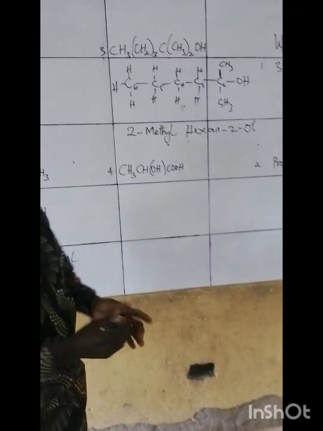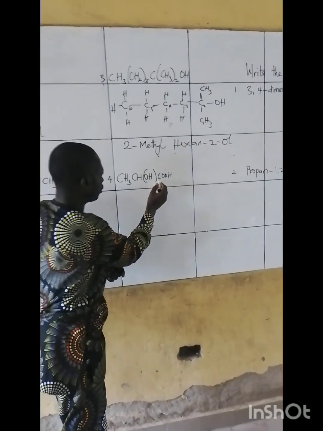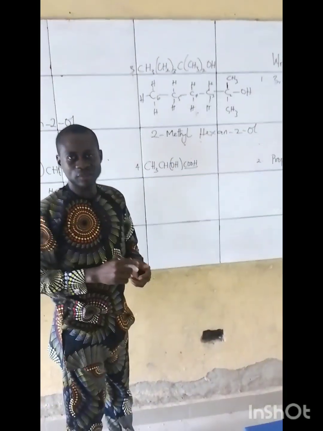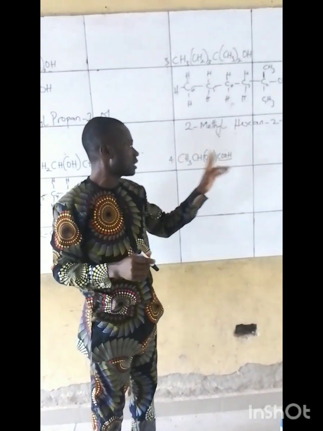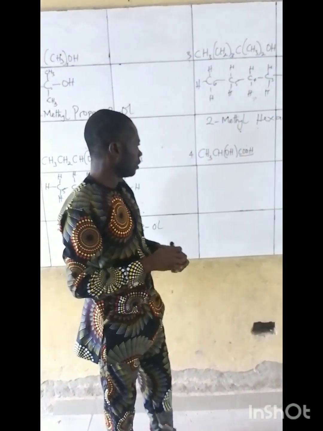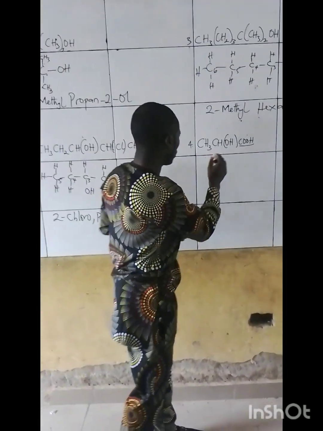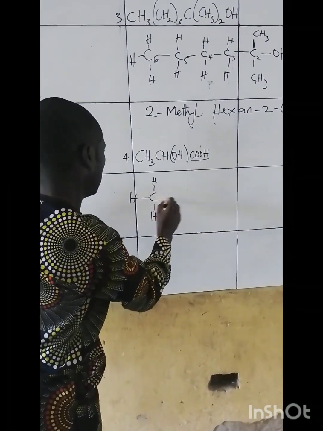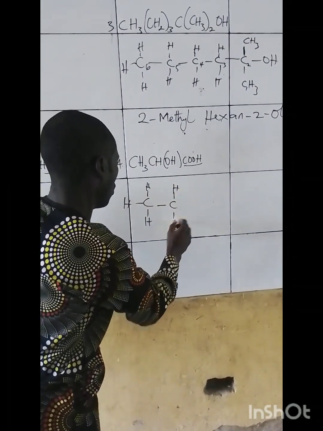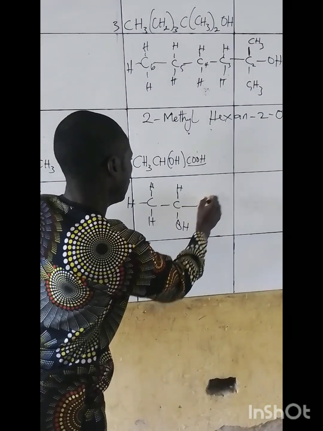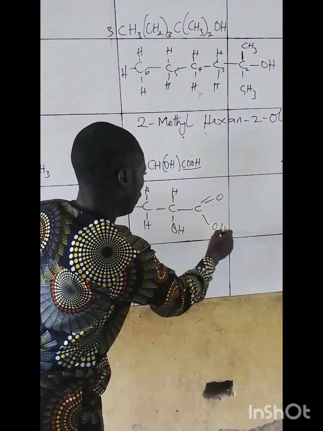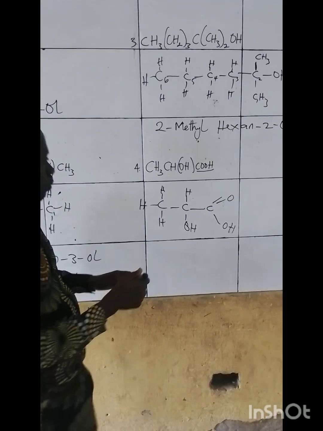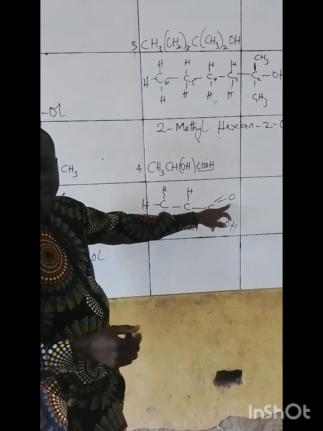Now, looking at this, there are 2 functional groups here. This is the functional group COOH. If you have studied your functional groups, you can see that anything with COOH is in the alkanoic family. We call it alkanoic acid. So to break this down, you can have this, then your CH, your OH here, then this one, and you have OH. So what is the name of this compound? You must put the oic family.